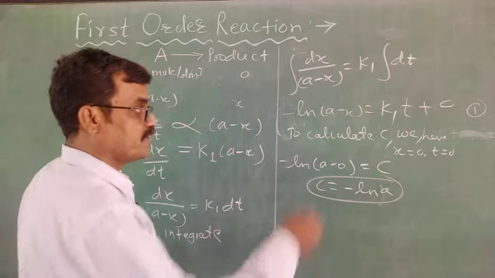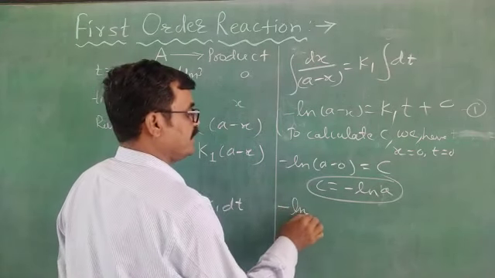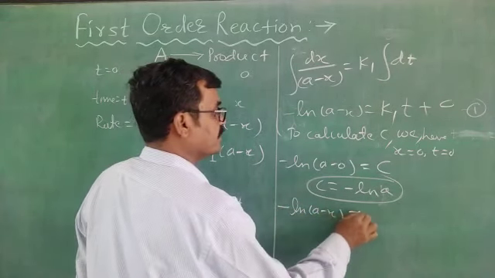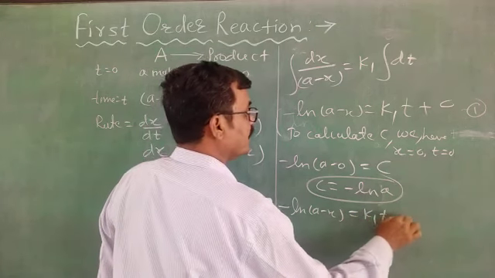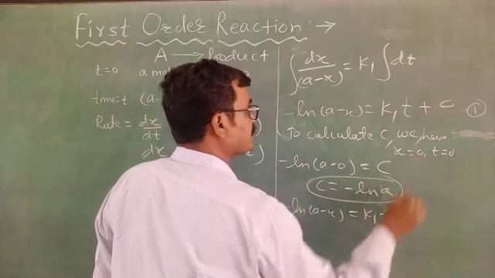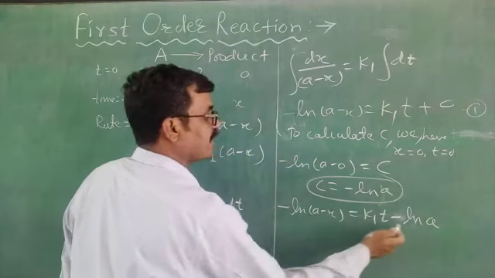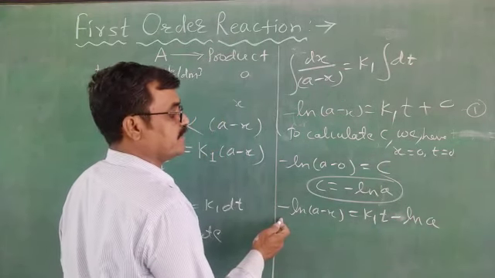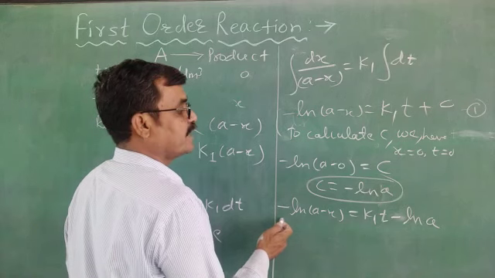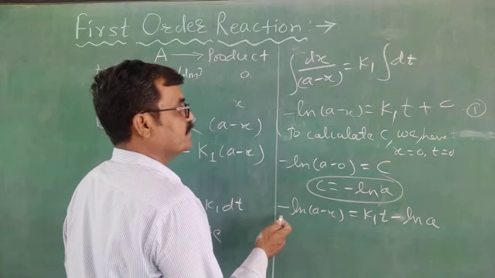Putting this value in equation 1, minus ln (a minus x) equals k1 into t, plus c, where c is minus ln a. Now this minus ln a comes to this side. Then what is its value?